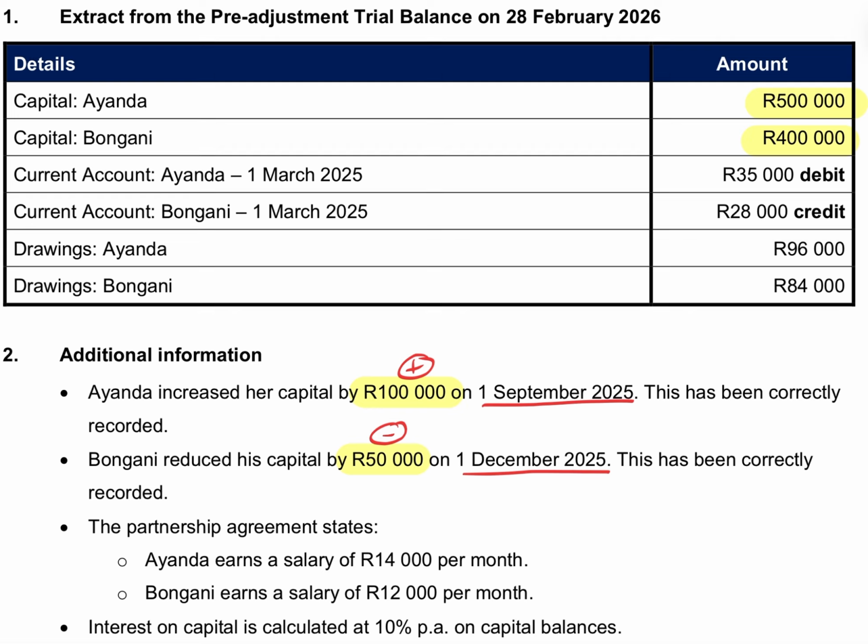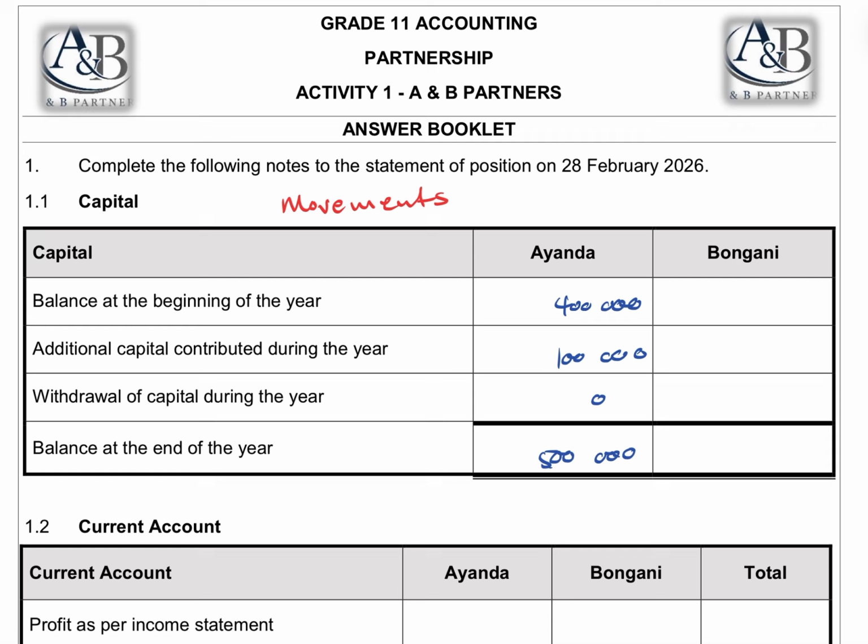Because the withdrawal has already been recorded, his closing capital is lower than his opening capital. So we must find the opening capital and we add back the withdrawal that he made.